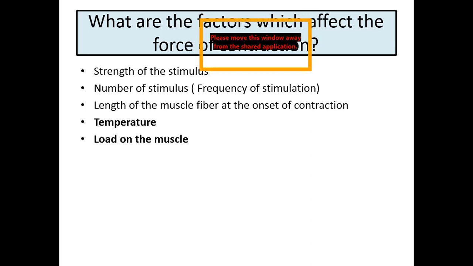The effect of load will be dealt with in the lab session, and I want you to find out about the effect of temperature. We'll see the strength of the stimulus, number of stimuli, and the length of the muscle fiber at the onset of contraction, one by one.